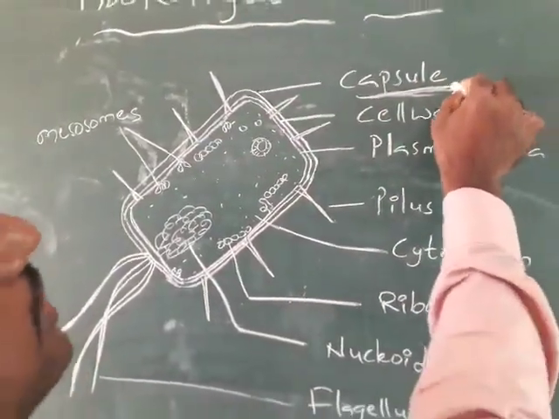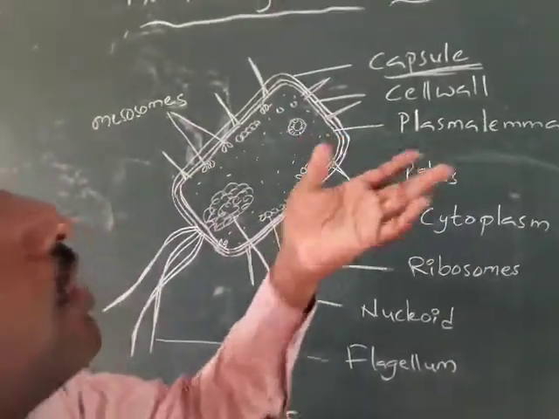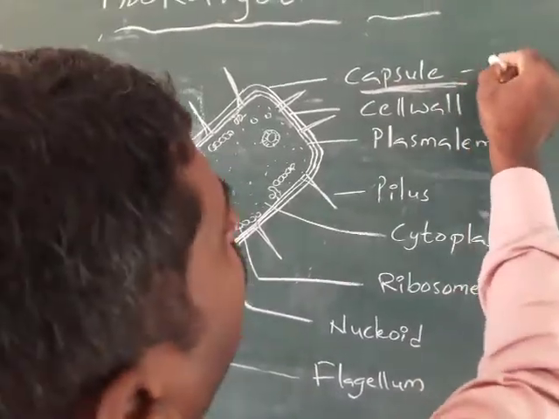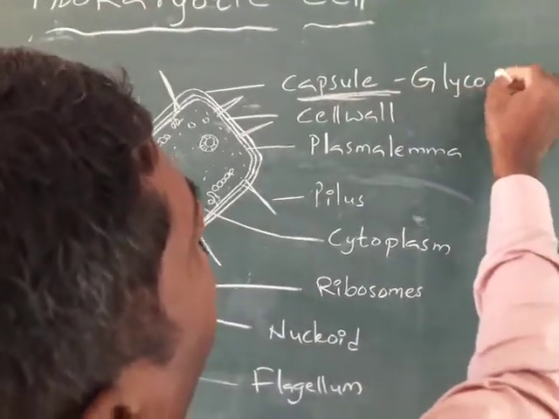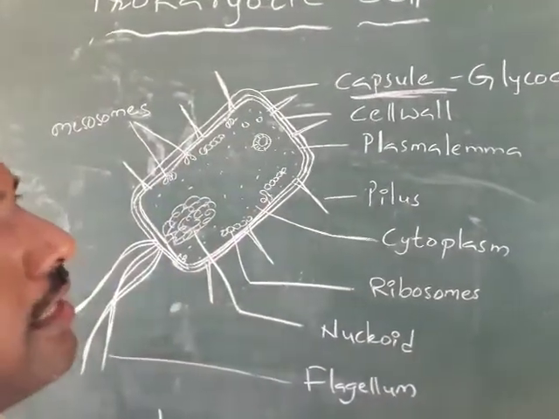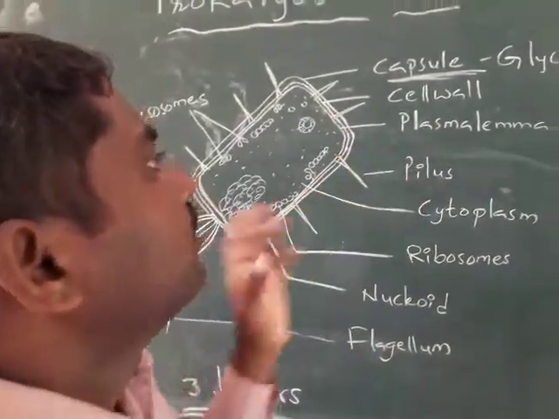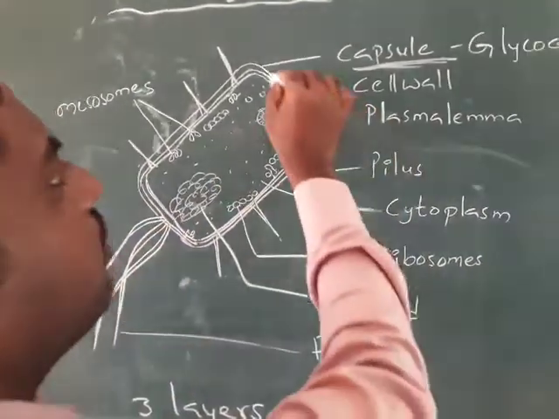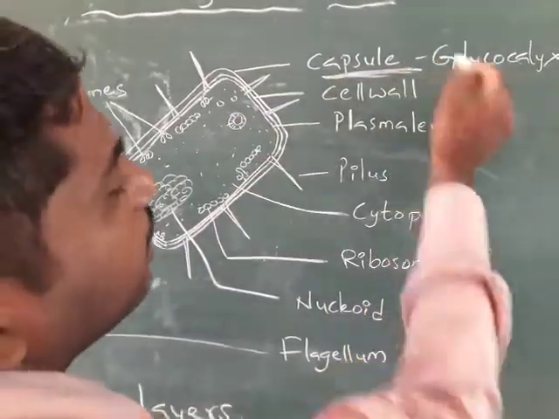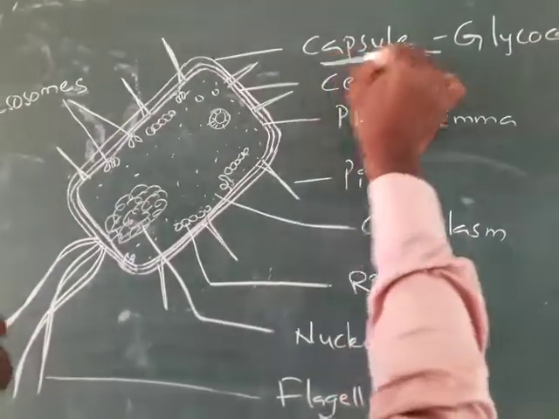In some bacteria the glycocalyx is in a thick, very tough condition, and it is referred to as a capsule.